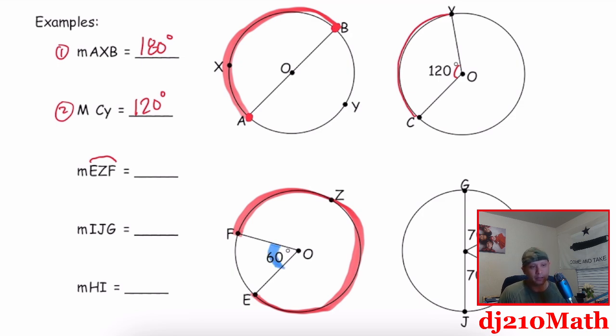Okay, well, there's 360 degrees in a circle. So EZF is 300. Right, because 360 make a whole circle. So it would be 300 degrees.